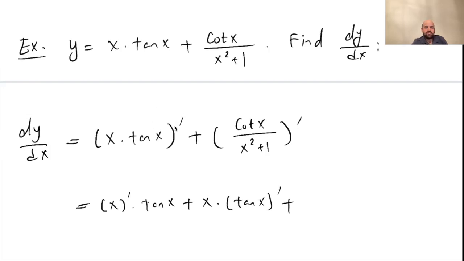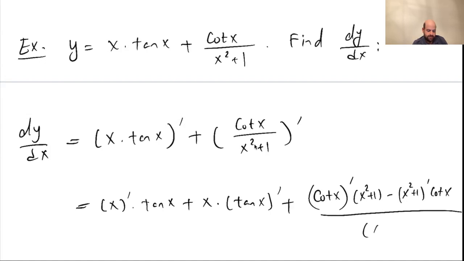And then u over v derivative is u prime v, so cot x, u prime v minus uv prime, so minus x squared plus 1 derivative times cot x, and then divided by x squared plus 1 to the power 2. u prime v minus uv prime divided by v squared.